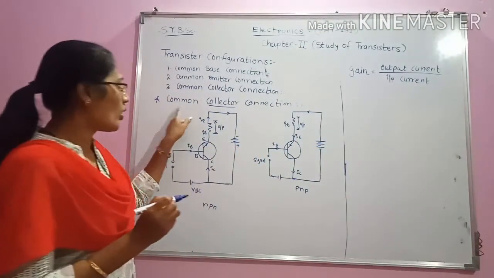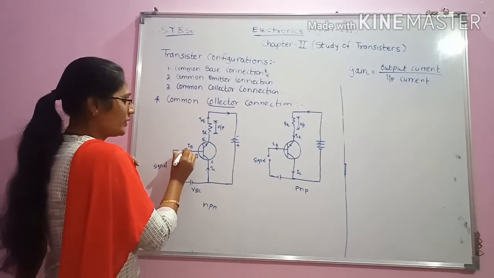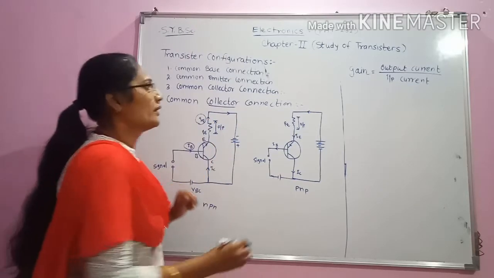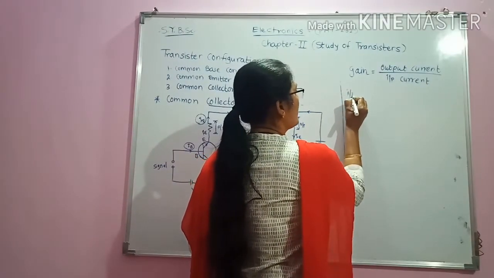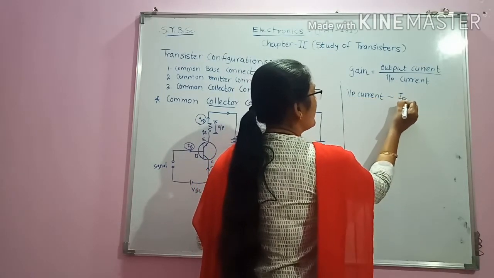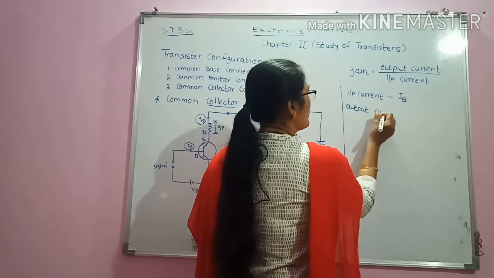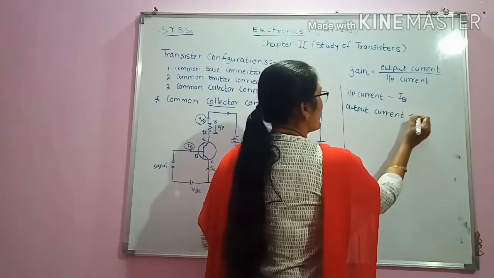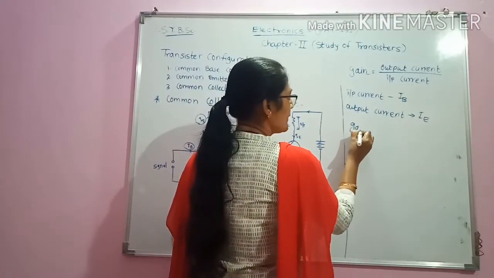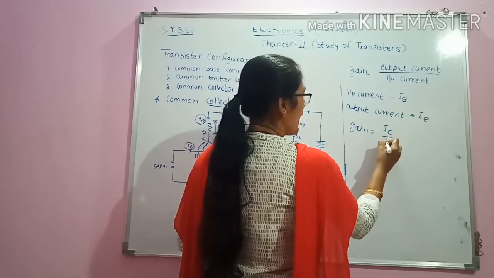Now in case of common collector connection, input current is nothing but IB and output current is nothing but IE. So what will be the value of gain? Gain can be written as IE upon IB.